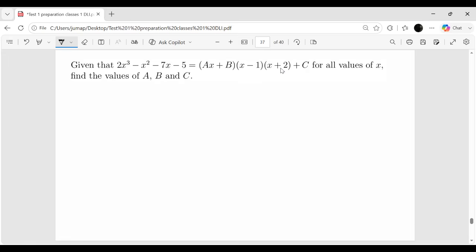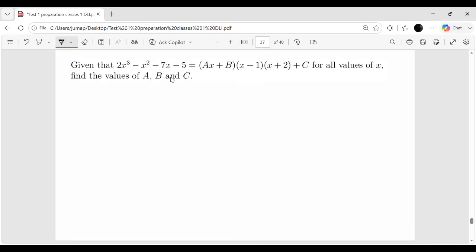Okay, so they want us to calculate for all the values of x, find the values of a, b, and c. Okay, that is what they want us to find.